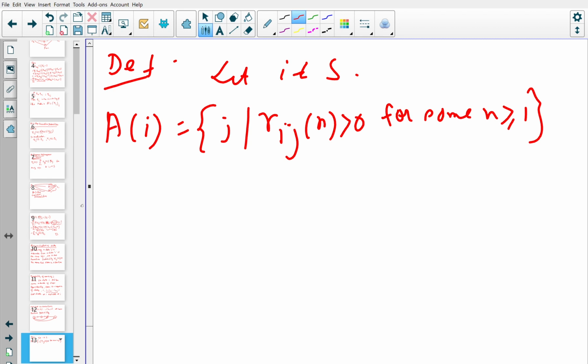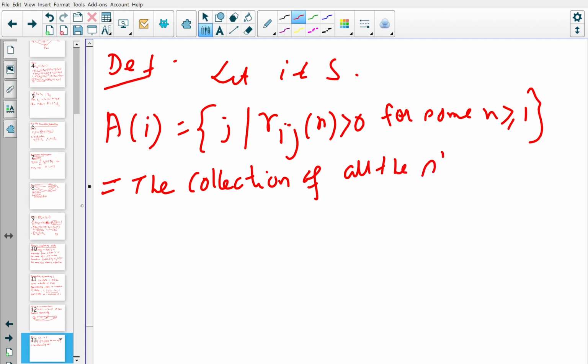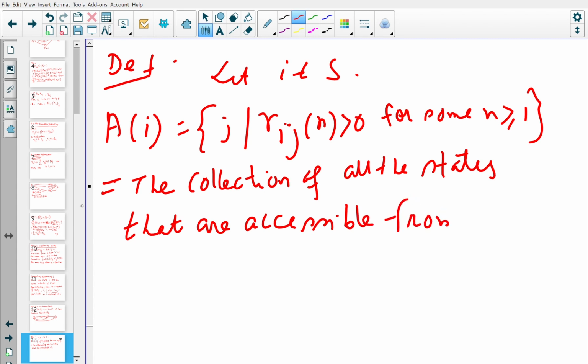That means A_i is the collection of all the states that are accessible from i.